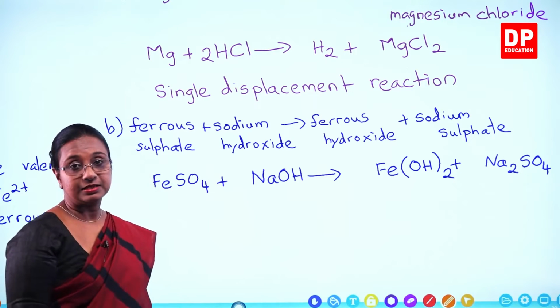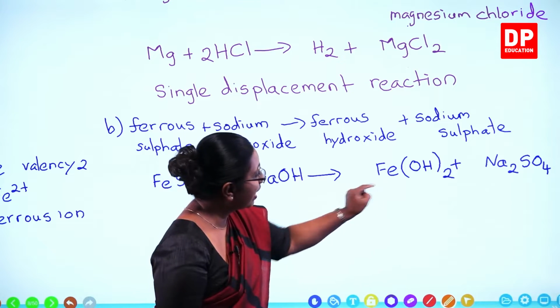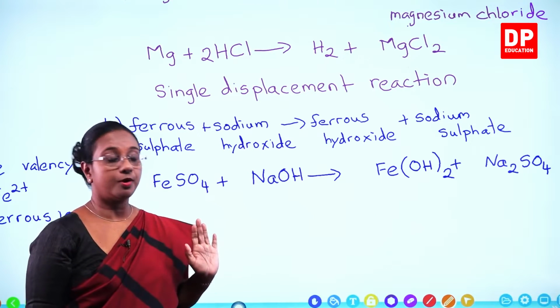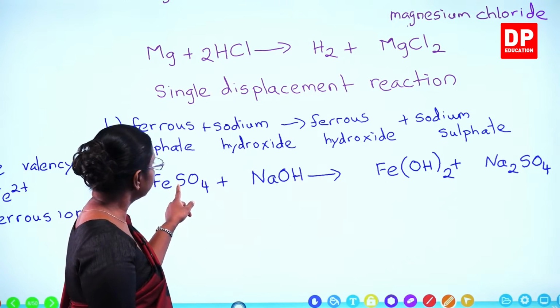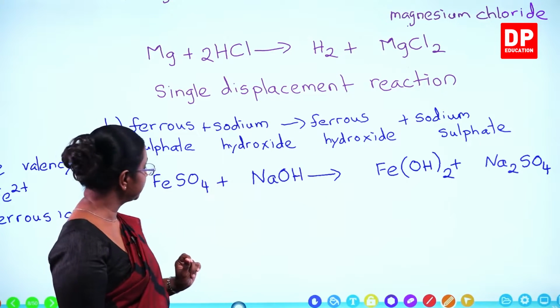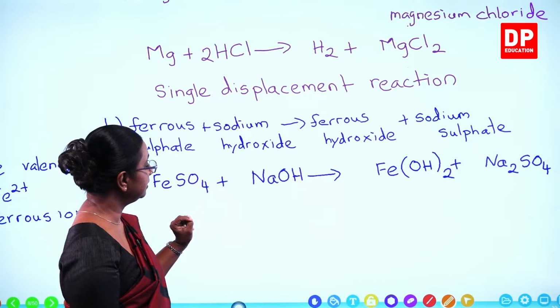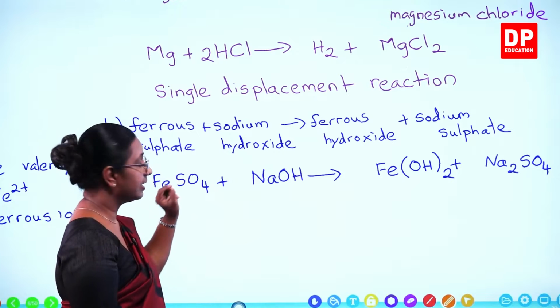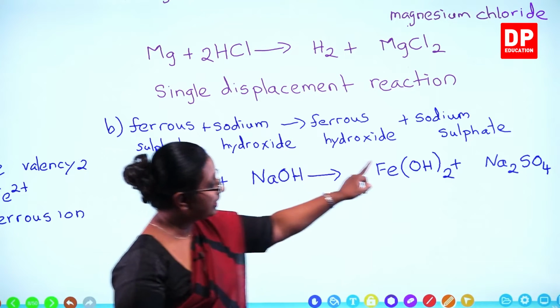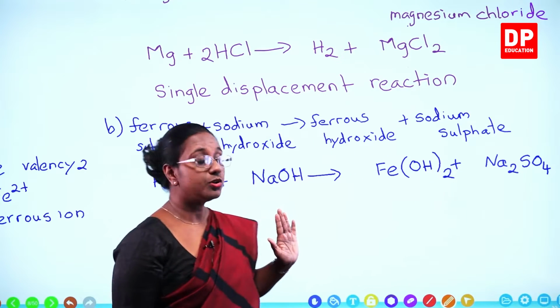Now look at the atoms. Fe, 1 atom. 1 Fe there. So no problem. Sulfur, 1 sulfur. There 1 sulfur in sodium sulfate. Oxygen, there are 4 oxygen atoms here. But in sulfate, as a whole if you take, here there are again 4 atoms. So that is sulfate. That is also balanced.